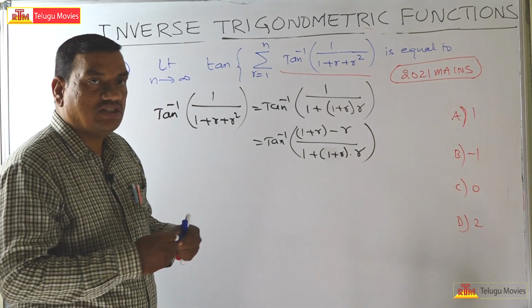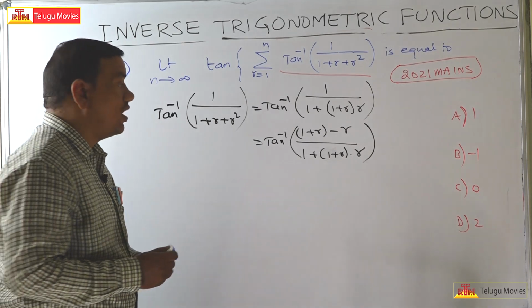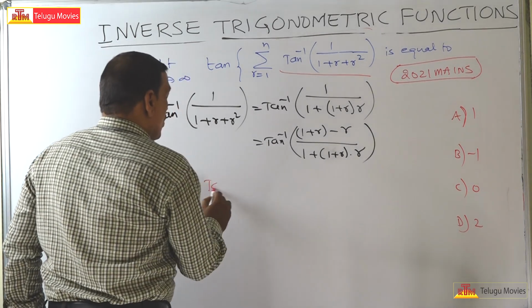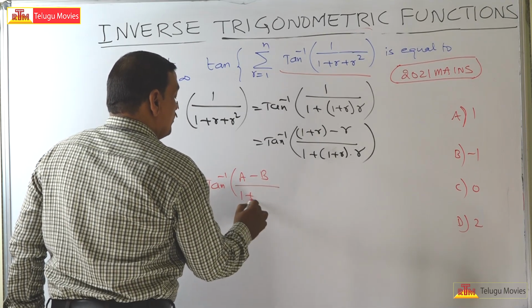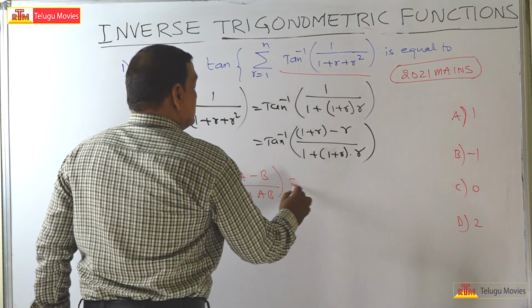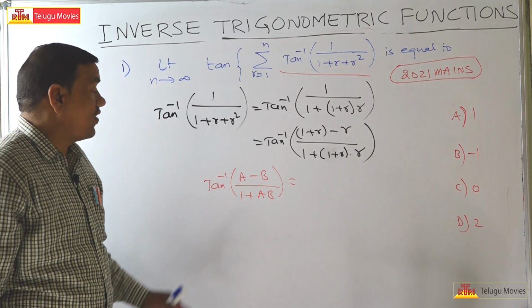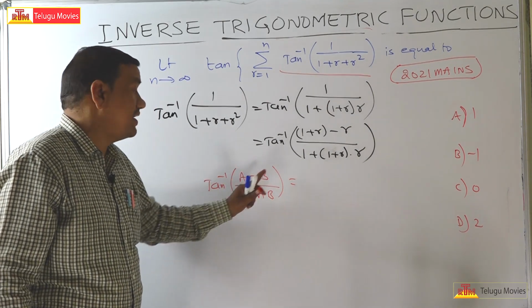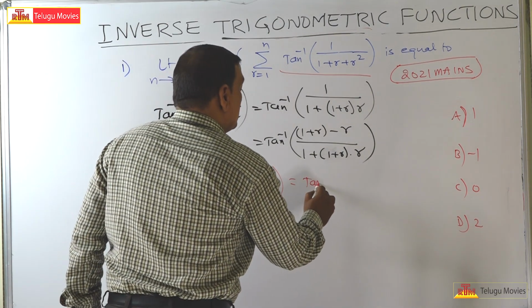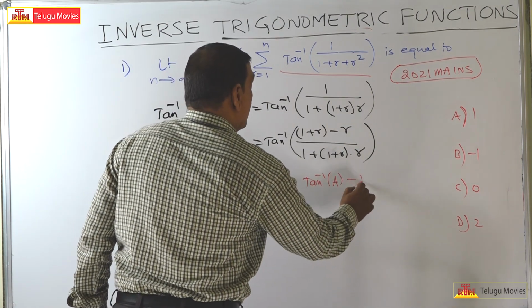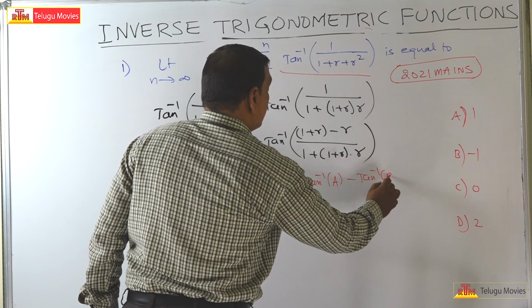Now if you see this, this is of the formula tan inverse of a minus b upon 1 plus ab. As I have already given the list of formulas, tan inverse of a minus b upon 1 plus a into b is given as tan inverse of a minus tan inverse of b.